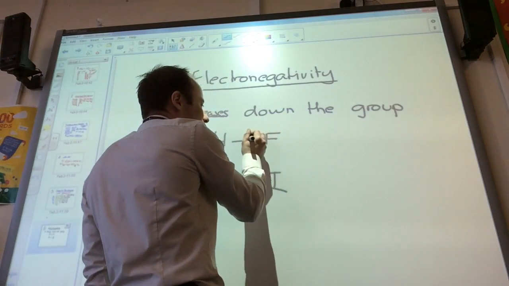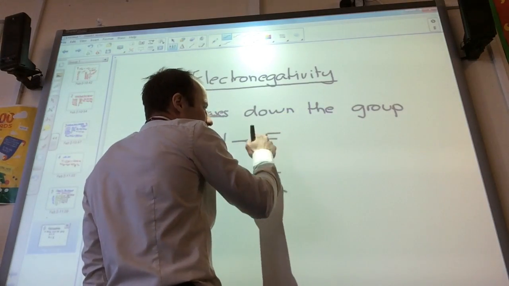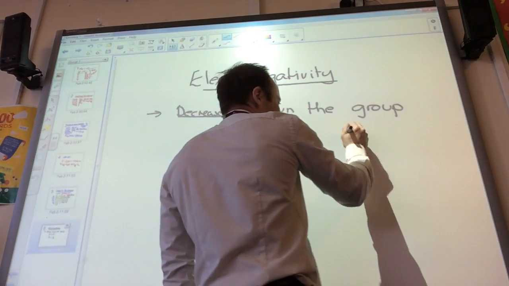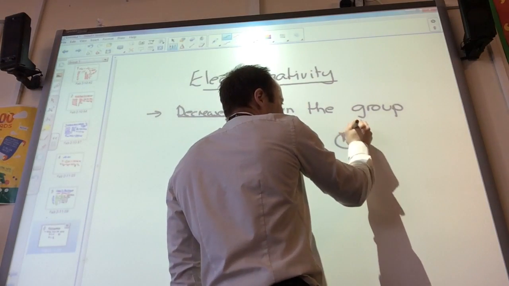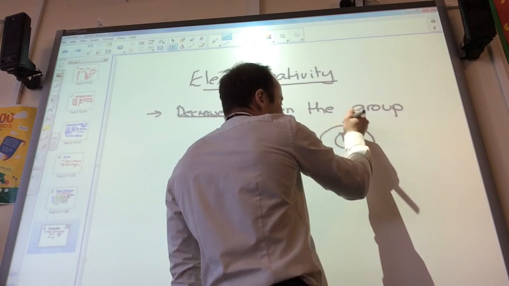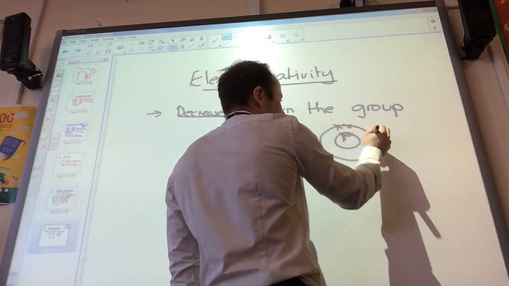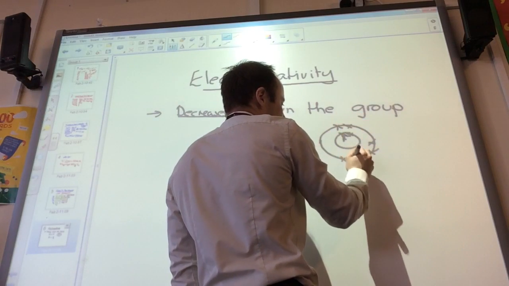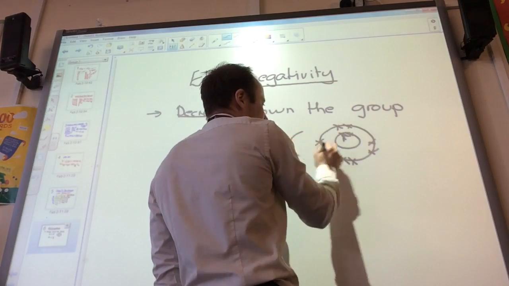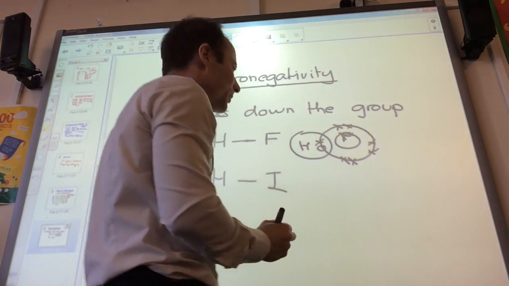If you think of fluorine, you've got 2 electrons. We just did this, so you've got 1, 2, 3, 4, 5, 6, and then you'd have that covalent bond there.